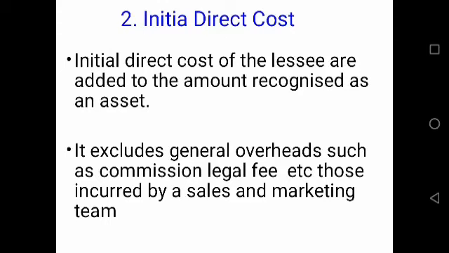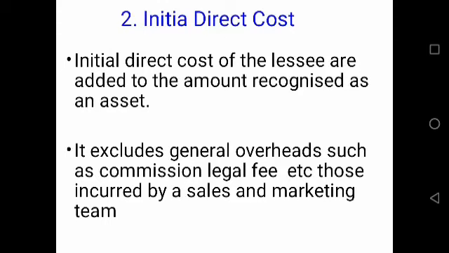Then the second principle, initial direct cost. Initial direct cost is the cost incurred by the lessee on behalf of the purchase of the machinery on lease. We should add the amount of such expenses to the asset cost and show it on the balance sheet with the asset.